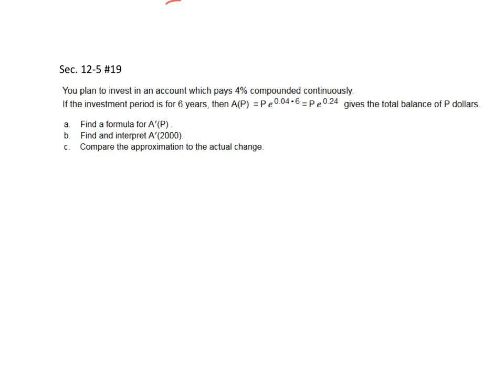We need to first find a formula for the derivative of A of P, which is A prime of P. And A prime of P is the derivative of this function, keeping in mind that P is the variable that we're taking the derivative of A with respect to, and also take into account that e to the 0.24 is a constant.